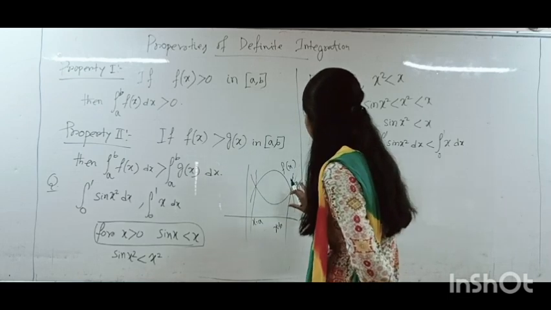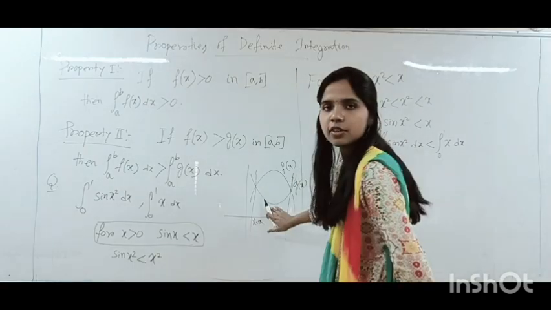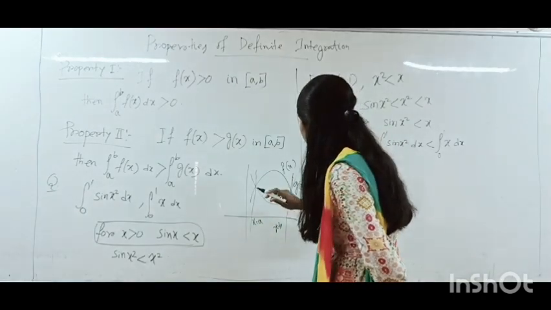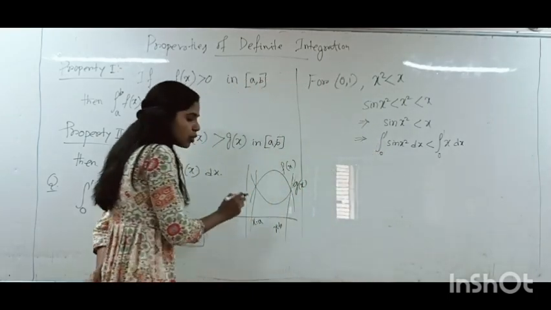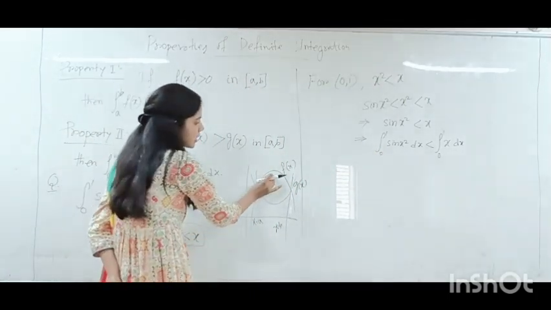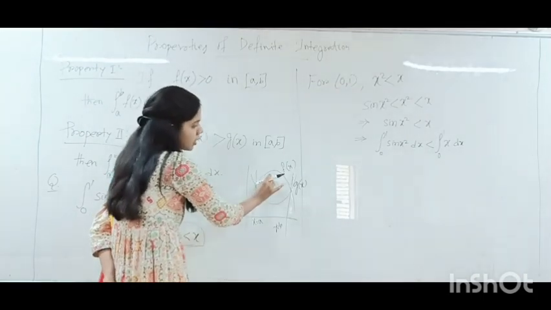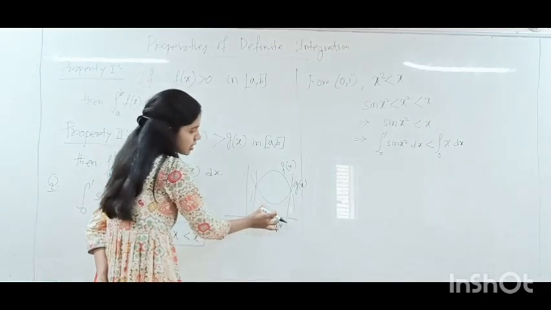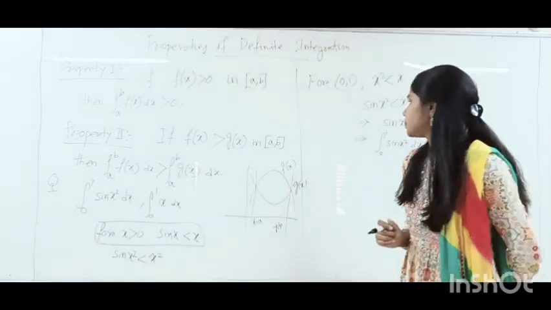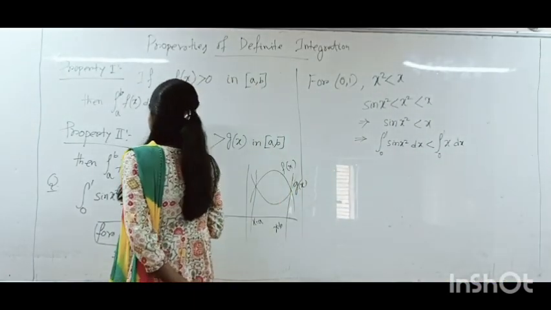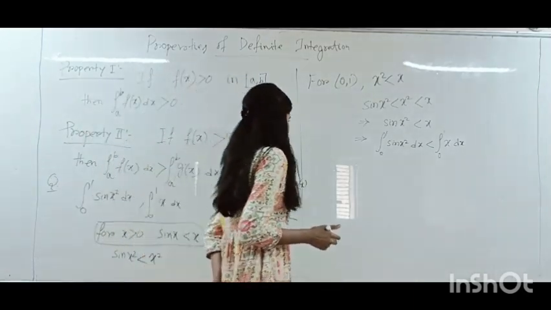In this interval, f(x) is always greater than g(x). So if we take the integration of f(x) from a to b, the value will always be greater than the integration from a to b of g(x) dx. Understand?